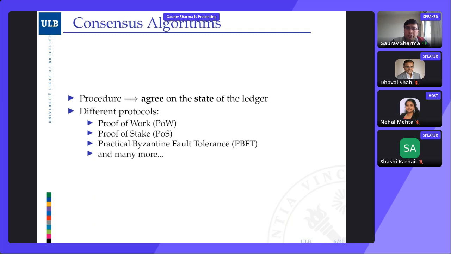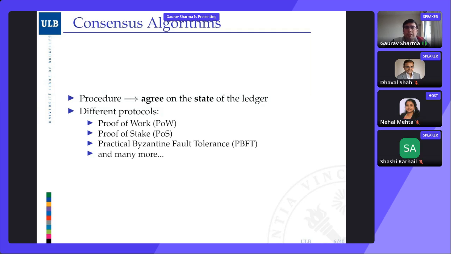To avoid this kind of Sybil attack, the idea from Nakamoto was to ask for some work, and this work is known as proof of work in their first model. Everyone has to do a lot of computations, and finally whoever wins will be the one who will add the block in the system.